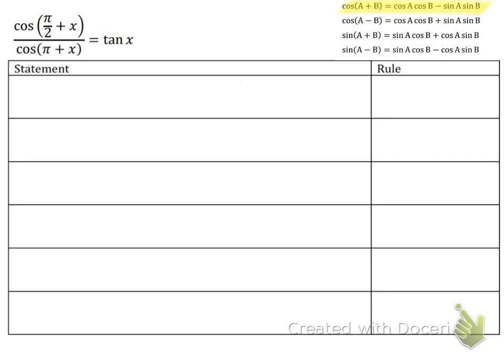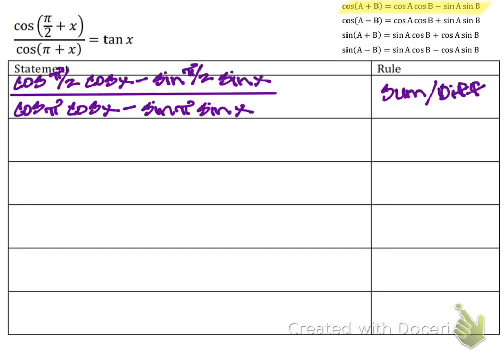So we are using that top one for both of them, right? They're both cosine A plus B. So there we go. And that's sum difference, right? And so now we need to think about both pi over 2 and pi. So pi over 2 is 0, 1. Pi is -1, 0.